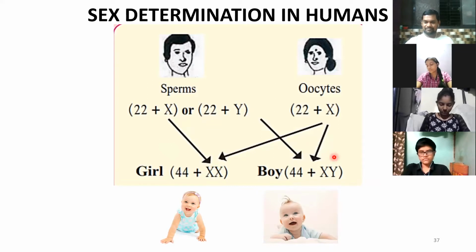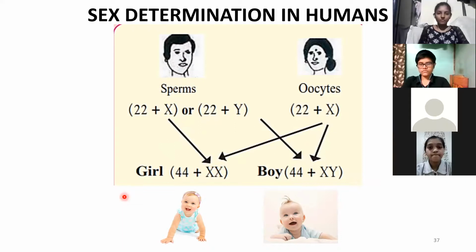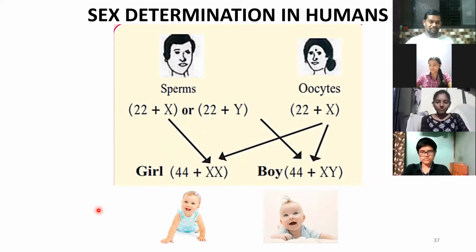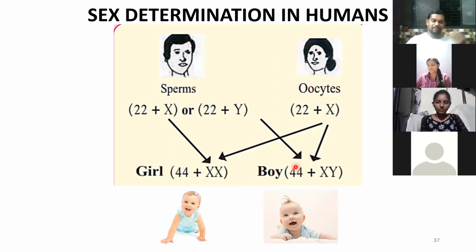Did you understand this? So whether the child born will be a boy or a girl is determined by what? Which sperm fuses with the ovum. It doesn't depend upon the ovum at all. The ovum is of only one type, correct? So any sperm can fuse and decide. And when does this decision happen? During fertilization itself. After fertilization, once the zygote is formed, the sex of the child cannot be changed.